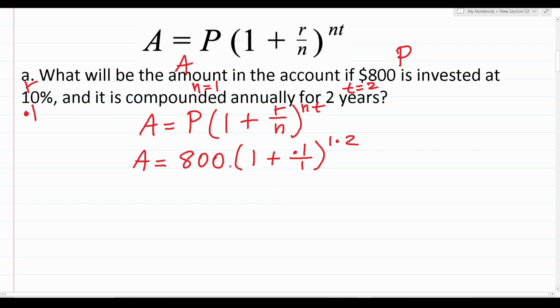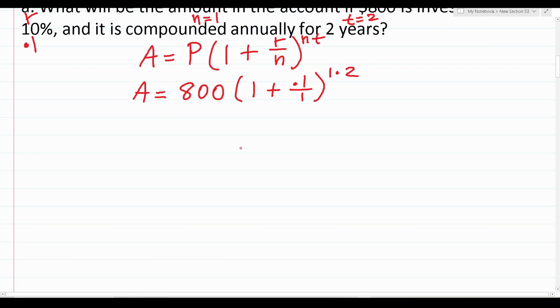All right, so let's keep working this out, and I'm going to have to move down a little bit here. A equals 800 times 1 plus, and this math right here, believe it or not, is pretty easy to do. Anything divided by 1 is itself, so 0.1 divided by 1 is just 0.1.